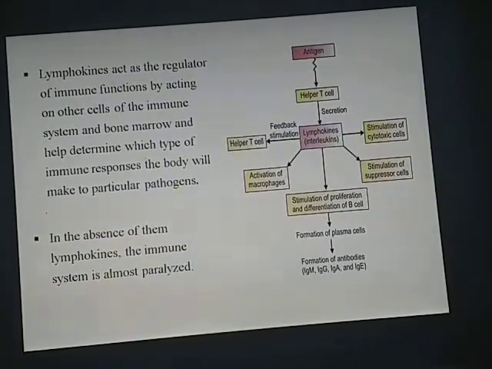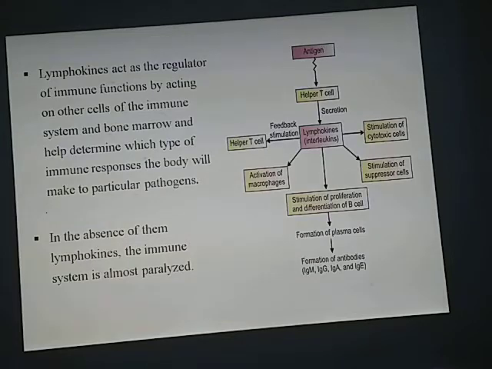Lymphokinins or cytokinins act as the regulator of immune functions by acting on other cells of the immune system and bone marrow, and help determine which type of immune response the body will make to a particular pathogen. In the absence of lymphokinins or interleukins, the immune system is almost paralyzed.